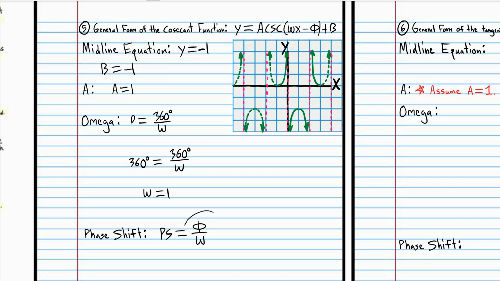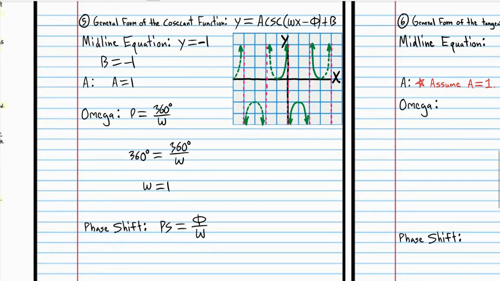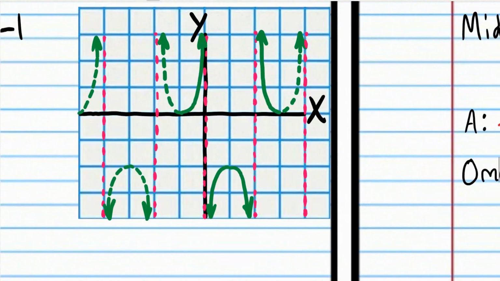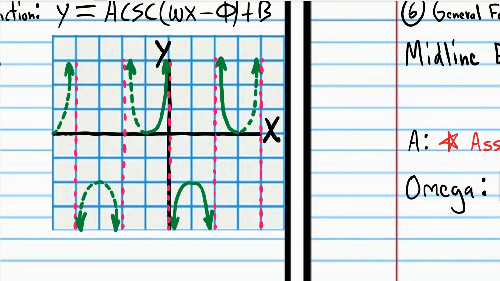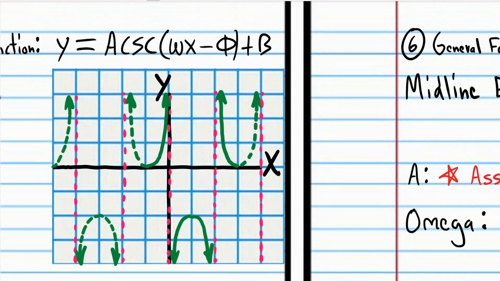And you might wonder, well, how am I going to remember that? Well, you're just going to remember it. That's one of the things that you have to do for the course. Now the phase shift is, again, well, if we're dealing with the cosecant curve, normally the cosecant curve would be here.